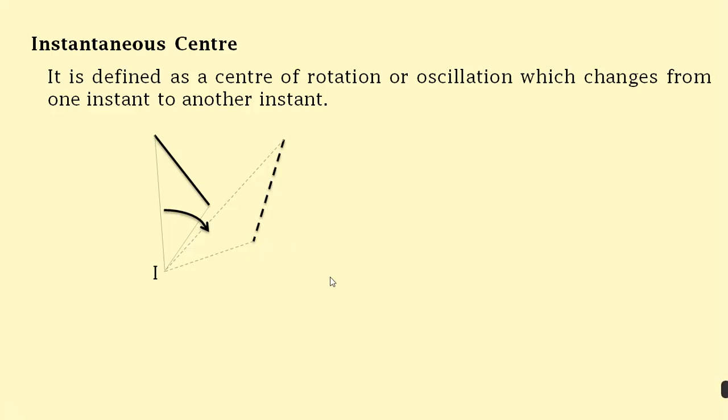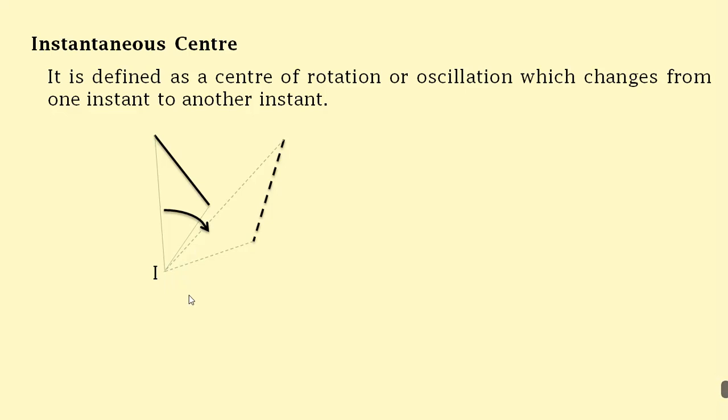In this rotation, what happened? There is no change in the center location, but what do we mean by instantaneous center? That center has to change from one instant to another instant. If you consider this is the one instant and this is the final instant in this particular duration, there should be some change in the instantaneous center, but there is no change in this center.